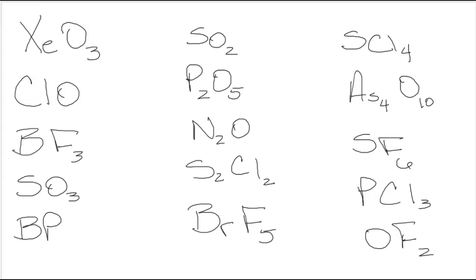Everyone's probably familiar with that one. 27 is sulfur tetrachloride. 28 is xenon trioxide. 29, tetraphosphorus decaoxide or decoxide. And number 30 is silicon dioxide. So those are the first 30.